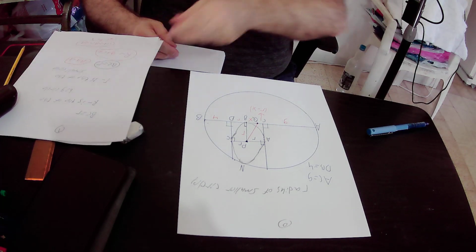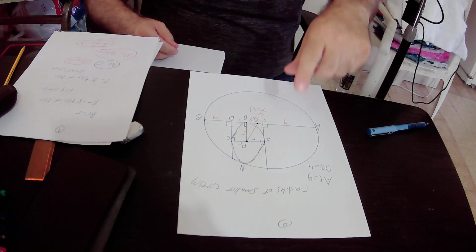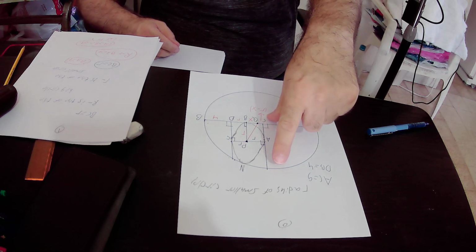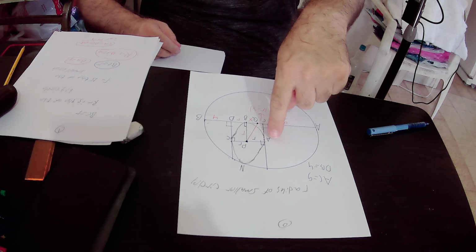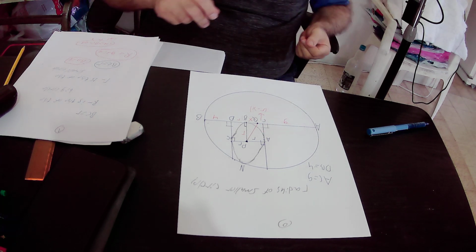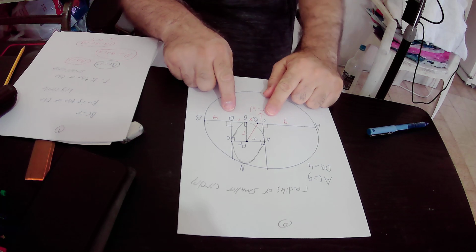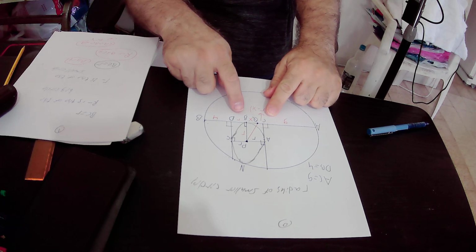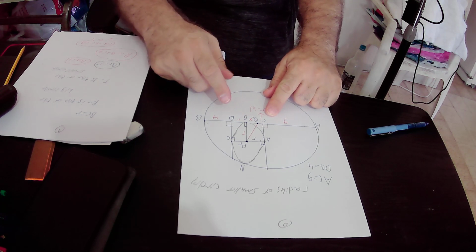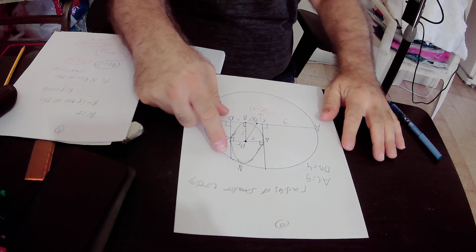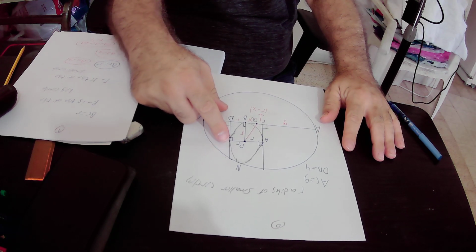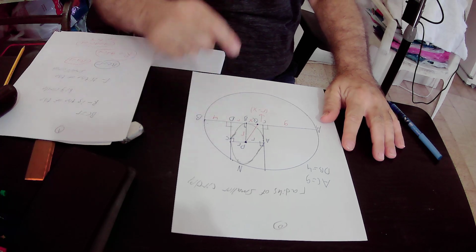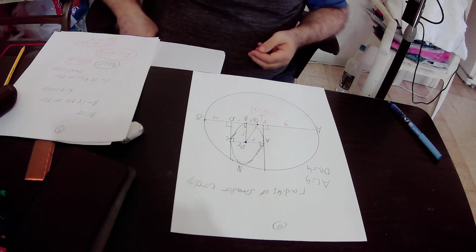Okay, so this line segment is tangent to the circle at point A. Line segment CD is tangent to the circle at point B, and this line segment is tangent to the circle at point C.